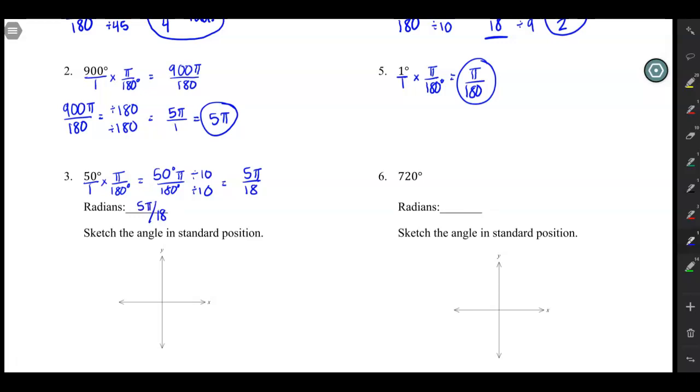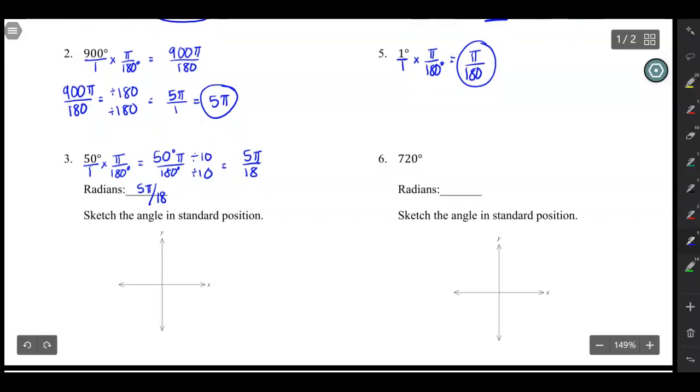Now I want to sketch this angle in standard position. Now remember, standard position means that I'm going to start here on my x-axis, that's my initial side, and I'm going to go counterclockwise until I get to about 50 degrees. And that's going to be my angle. Now the reason that I wanted us to draw this angle in standard position is because I want us to recognize that this angle, we could say, is 50 degrees.